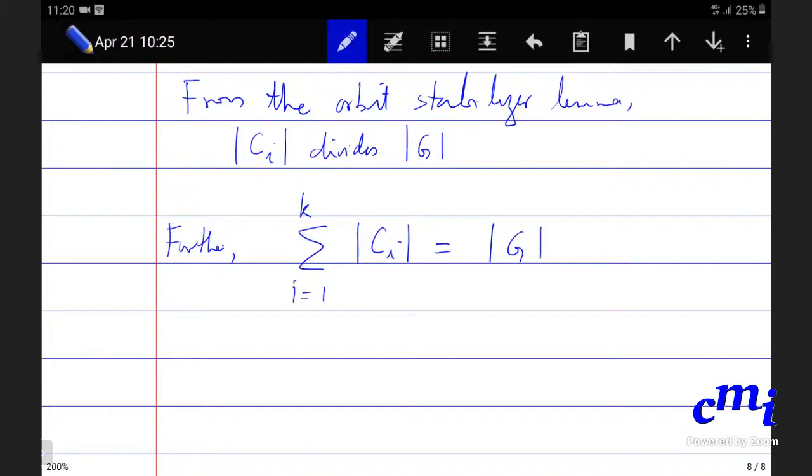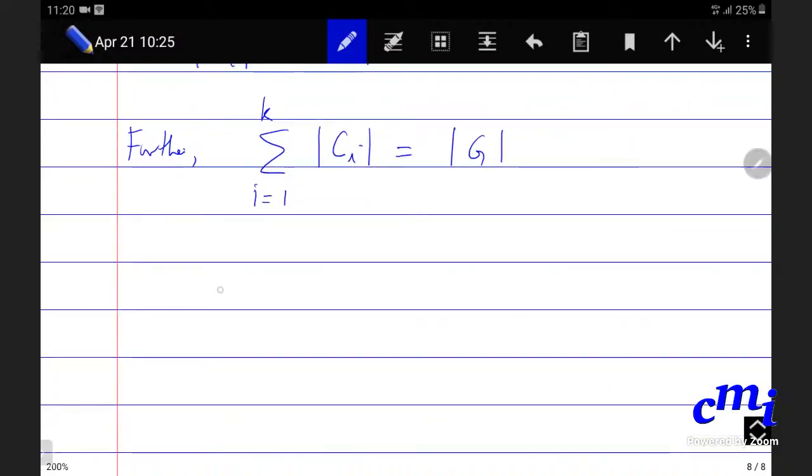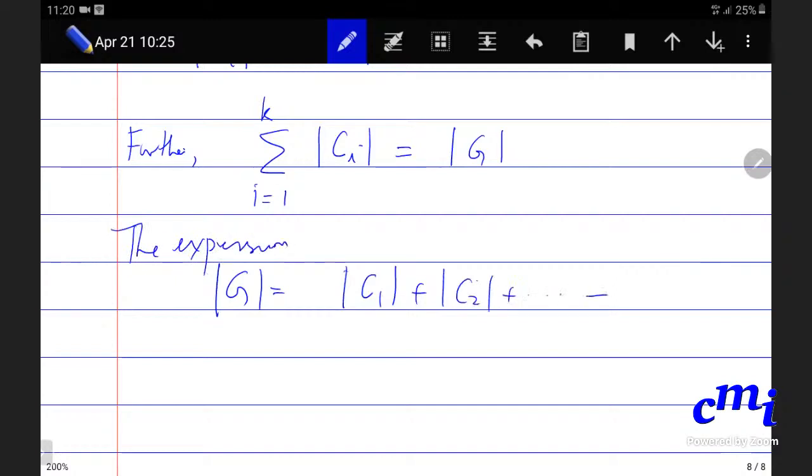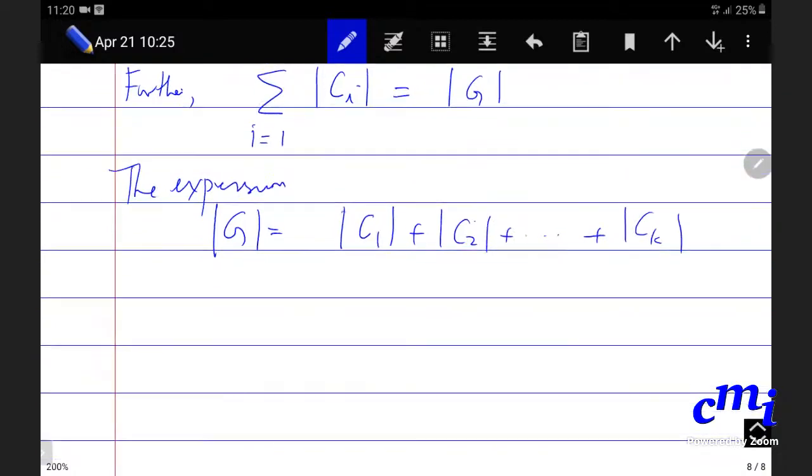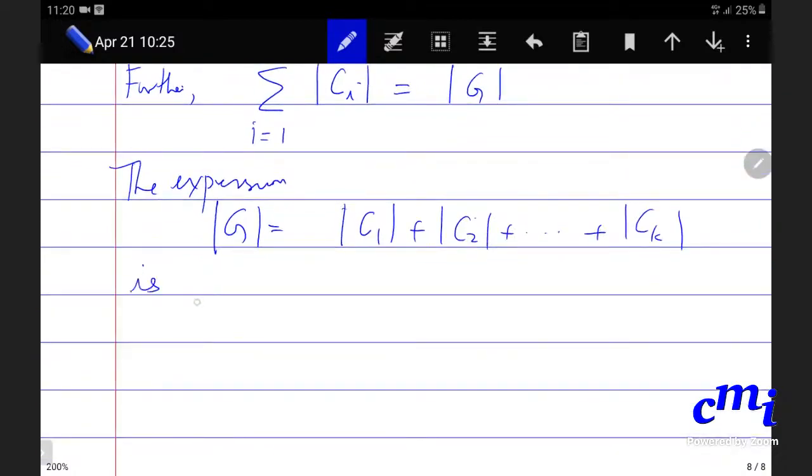So we would typically write the order of G as this sum. I'll give examples; this looks like abstractly writing something. Is this true for a general action also?